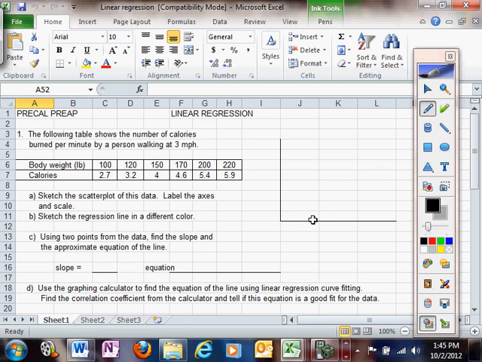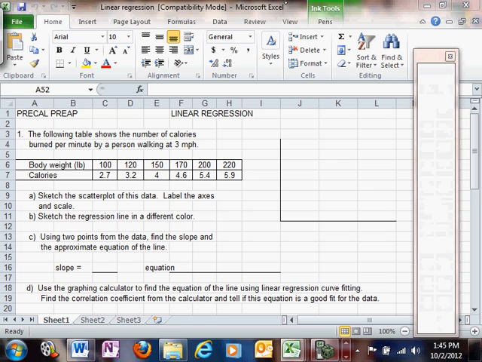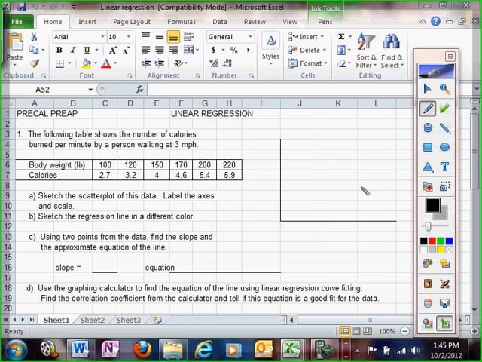Two, using your own scale on the x-axis, since your X values are 100, 120, 150, 170, you could possibly do it in increments of maybe 50s. So maybe you have 50.